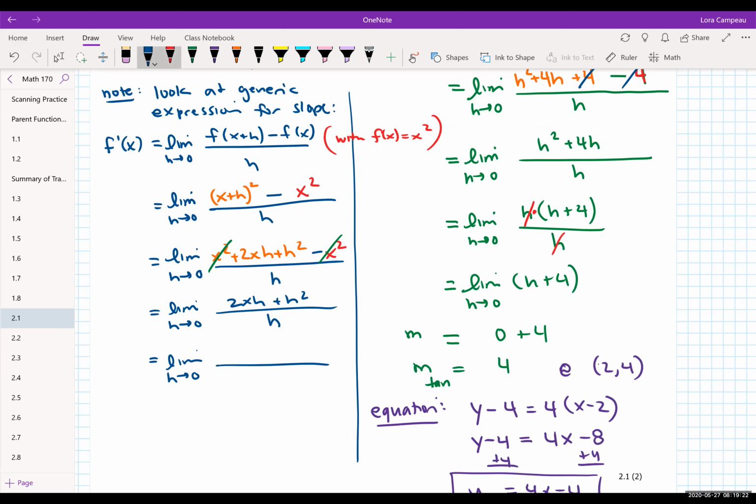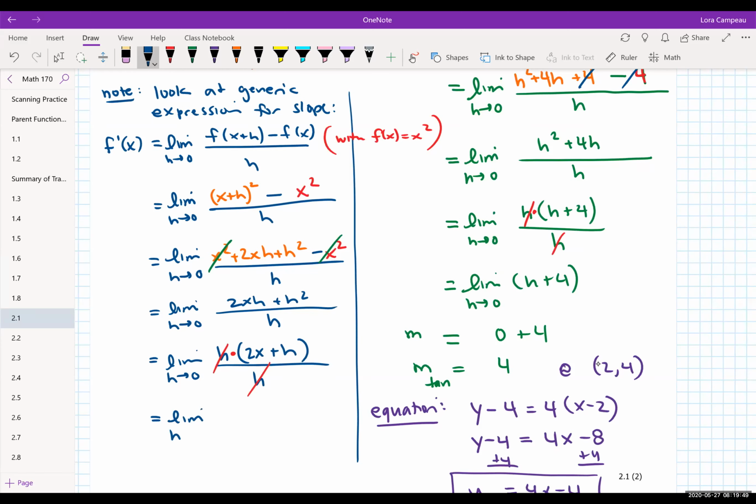So I can see it right now. I can pull out a common factor of h from the numerator. This is going to leave us with 2x plus h inside, and we still have h in the denominator. Just remembering that this h is a factor now, it can be divided out.